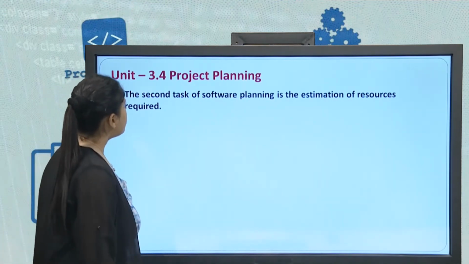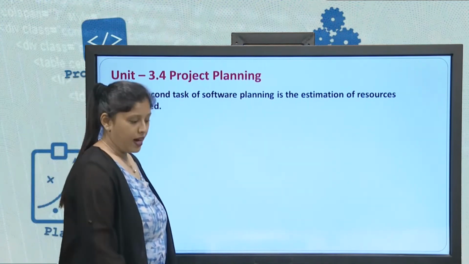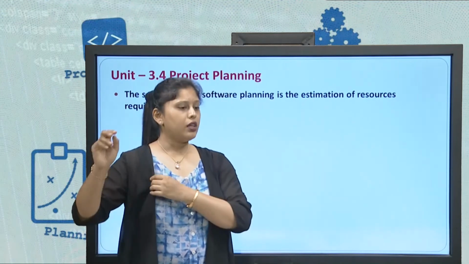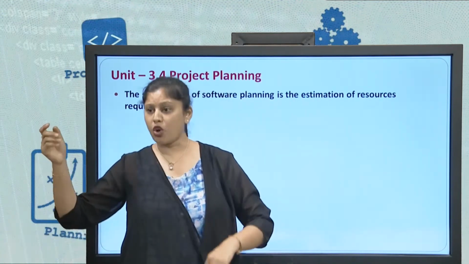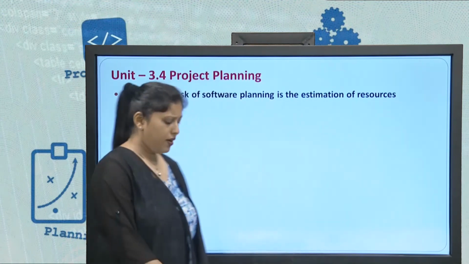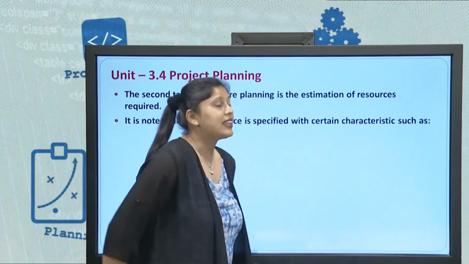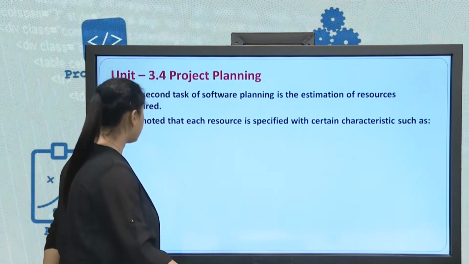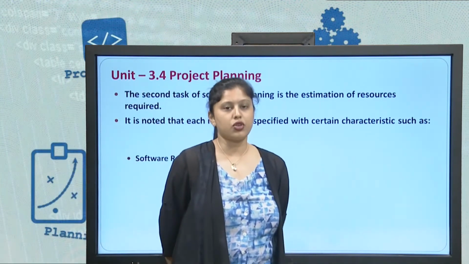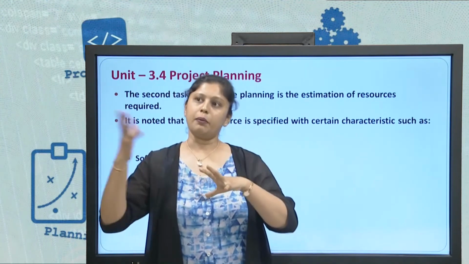The first task was of course deciding my project scope. The second task of software planning is the estimation of resources required. Resources can be human resources, computer resources, software resources or some external resources that I would require. It is noted that each resource is specified with certain characteristics. First, software resource: it can be a software resource which I would require in some module, or some external software.